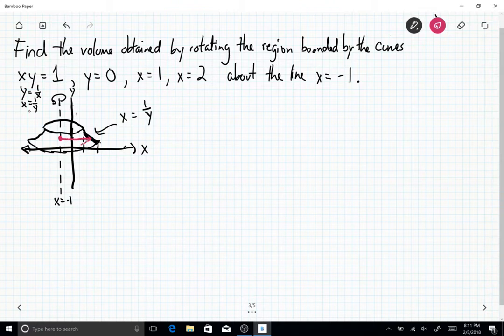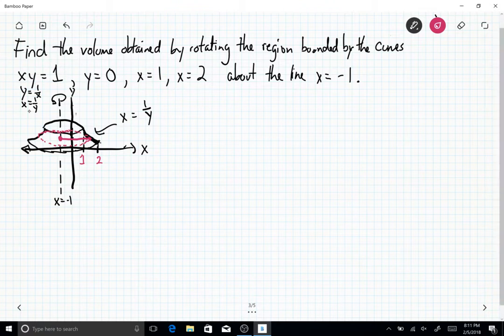What would this sort of circle be? This means we're going to be looking for a function in terms of y. So you have x equals 1 over y as that equation. Notice this is x equals 1 to x equals 2, so that might cause a little bit of problem, but not too bad.